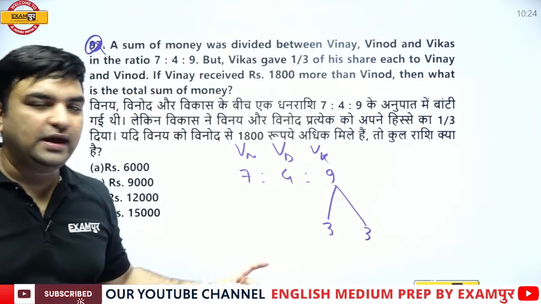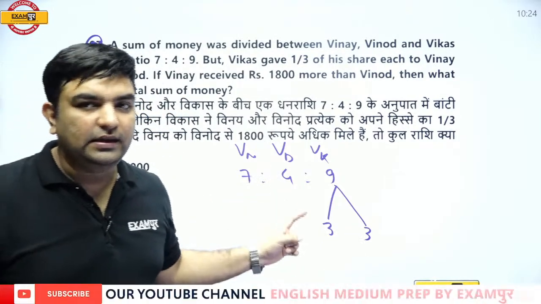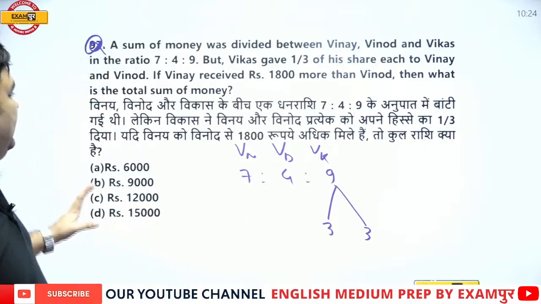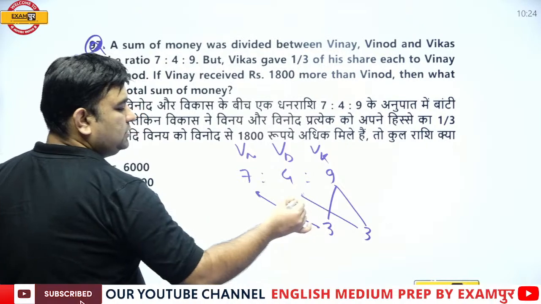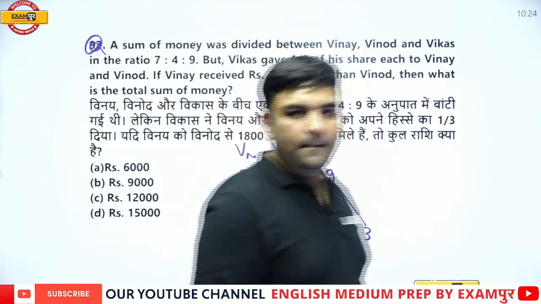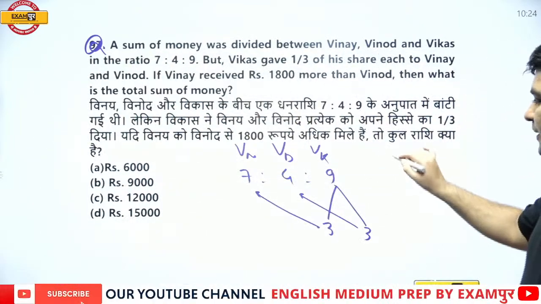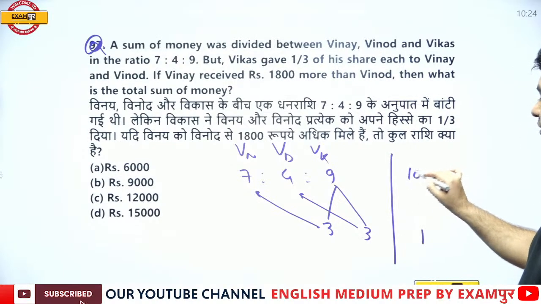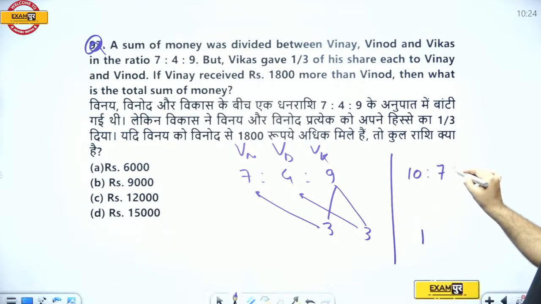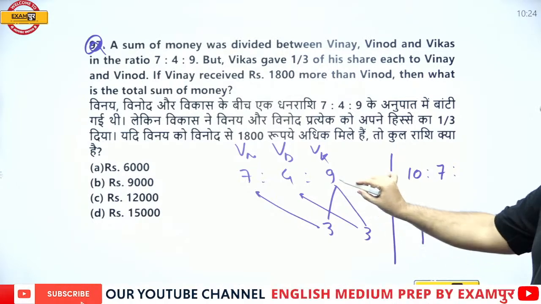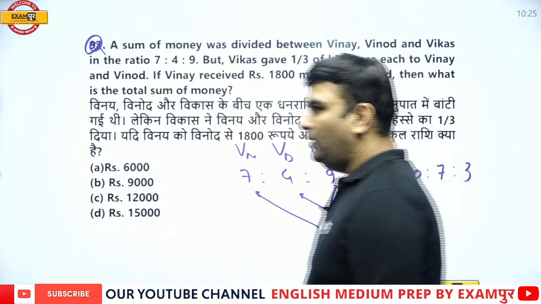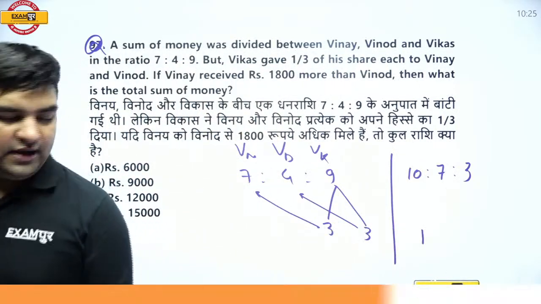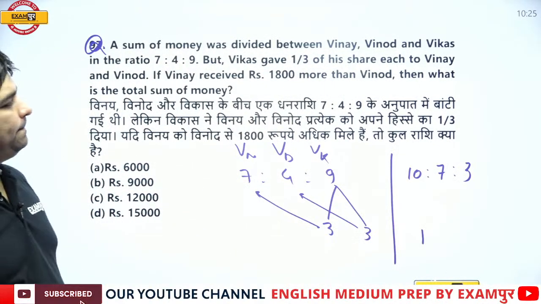So 3 he gave to Vinay and Vinod each. So new ratios will become 10, 7. And how much is remaining with Vikas after giving 6? 3.